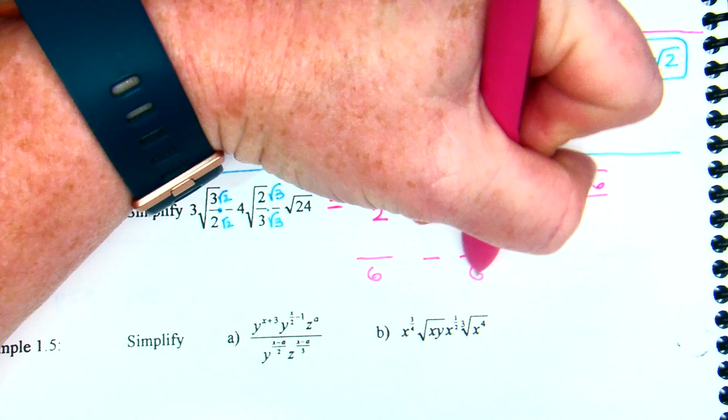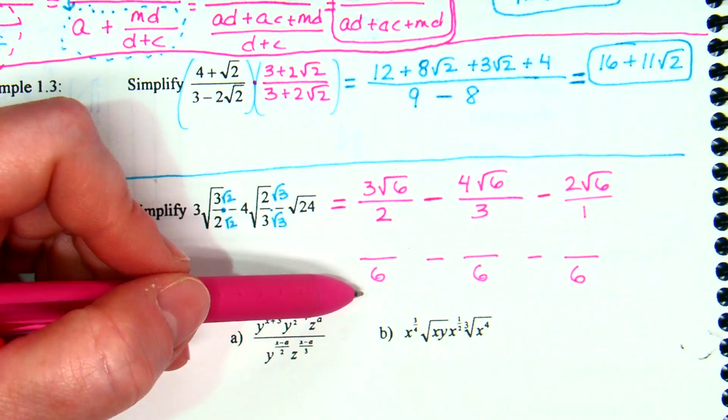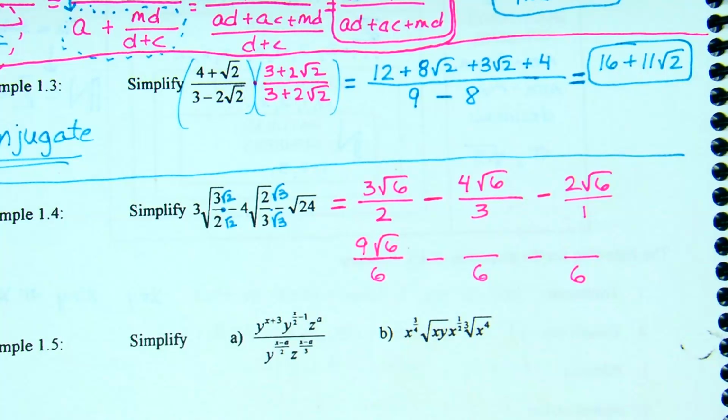Okay, first one, denominator was 2. To make it 6, we're going to multiply by 3. And so out front, there was already a 3. 3 times 3 is going to be 9. So 9 square root of 6 over 6. Basically, 3 halves became 9/6. 4/3.